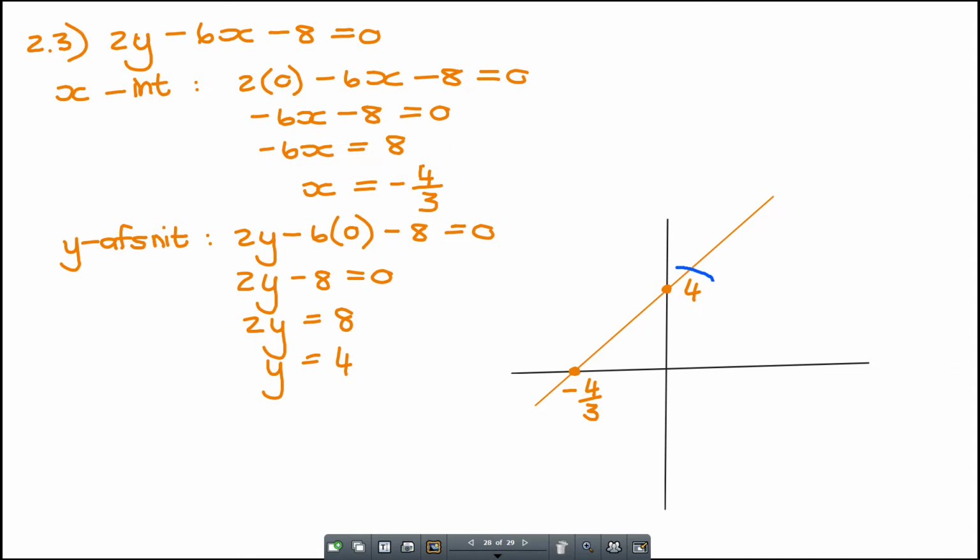So jy moet hier sê vir my, hy sny daar by 4, en hy sny hier by minus 4 op 3. Okay, you've got to show that. You can either show it like that, or show it in coordinate form. Met ander woorde, x is 0, en y is 4. Okay, so of net die 4kie, of koördinaatvorm. Maar jy kan nie niks daar hê nie. Okay, kan ek skip?